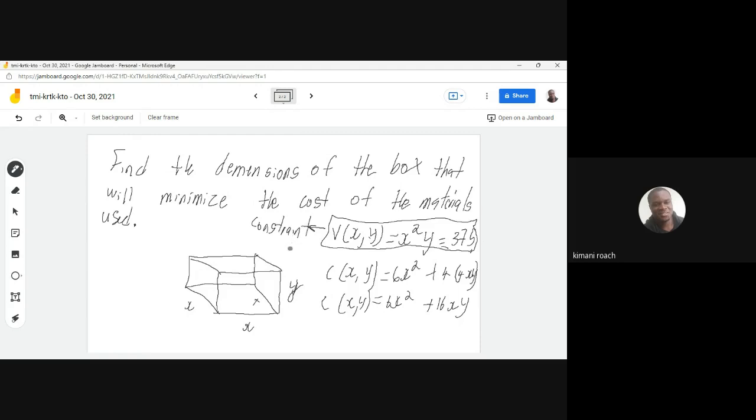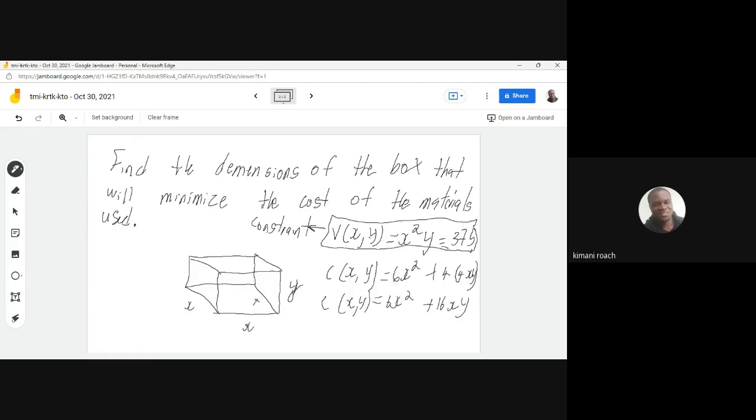We're finding dimensions that will minimize the production cost of the box, but the volume must be 375 cubic centimeters.